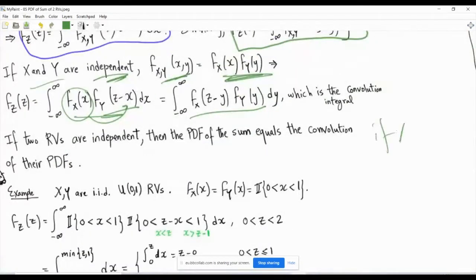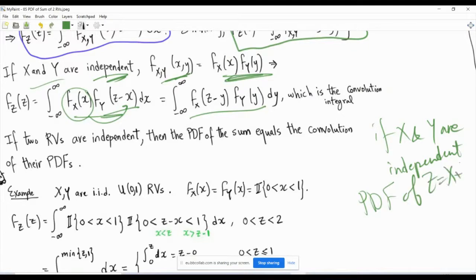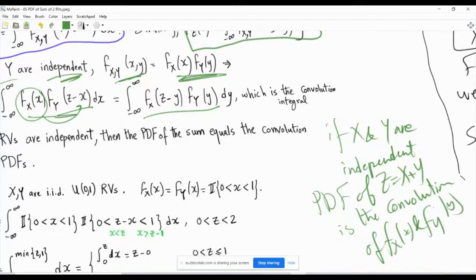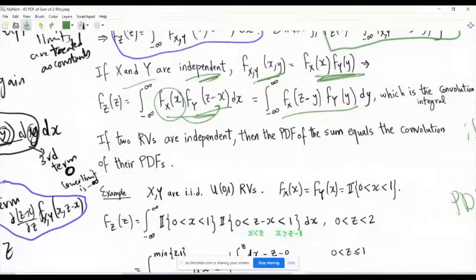If X and Y are independent, the PDF of Z equals X plus Y is indeed the convolution of f_X and f_Y. You don't actually need to understand convolution, because for you it's just a formula. You can apply the formula. But for those of you who know convolution, it's nice to know that we have convolution only when the two random variables are independent.